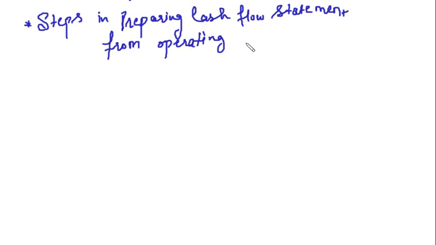And what are operating activities? The activities which are related to the routine operations of the business are known as operating activities. Clear? Now let's go back to understand this.